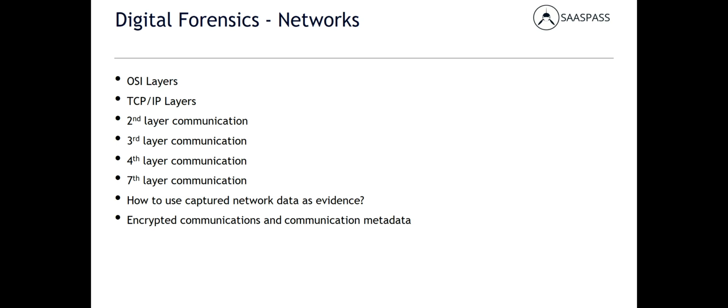When you try to check the communication in the third layer, you see the receiving and sending IP addresses that travel across your network.